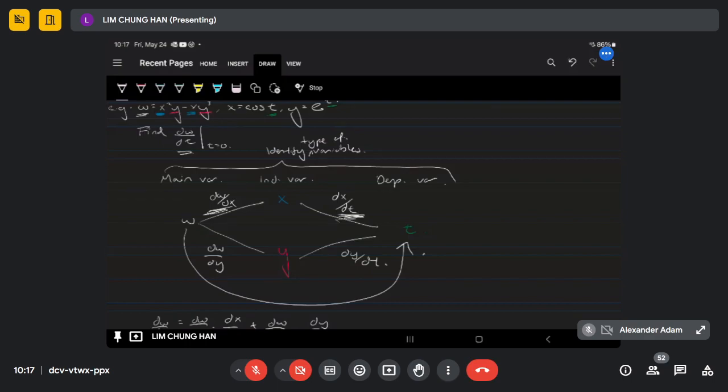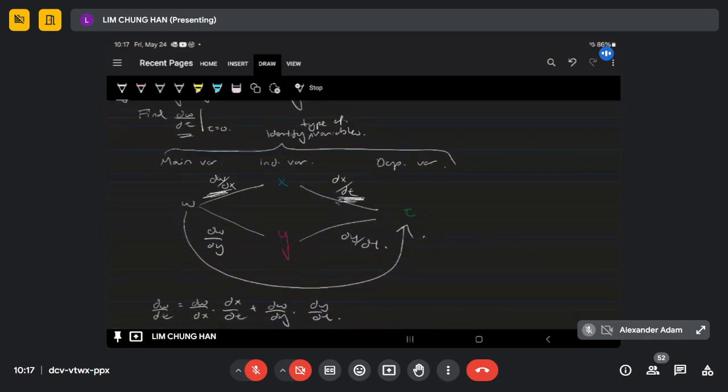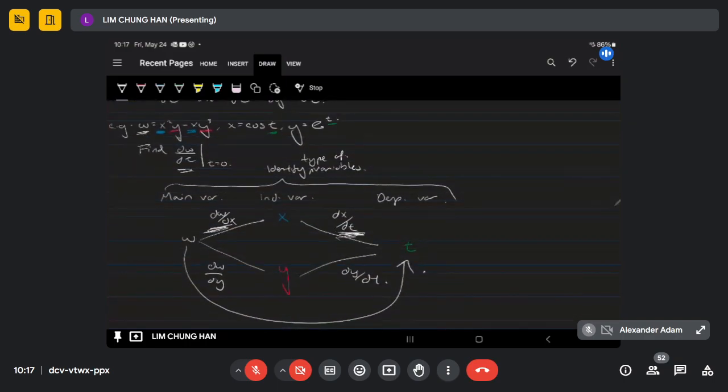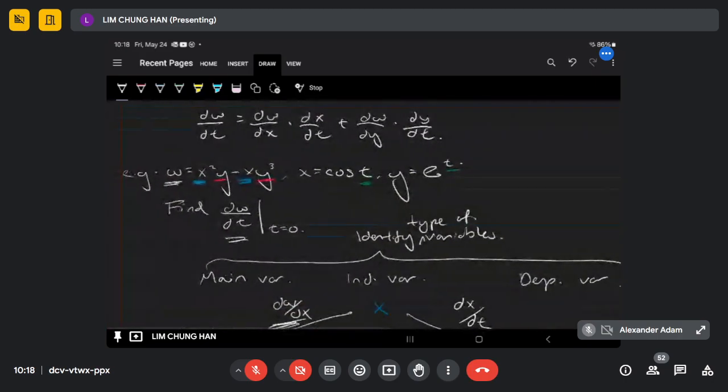So from here you use partial differentiation. dw dx, how do you do it? y becomes constant. So x squared y, you differentiate against x.